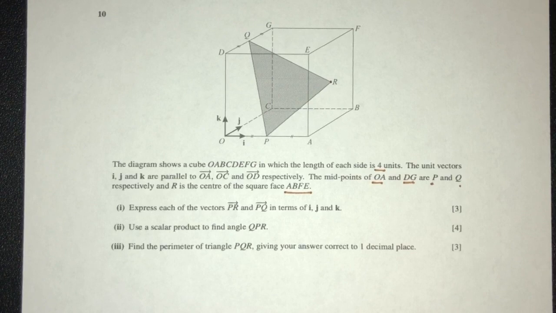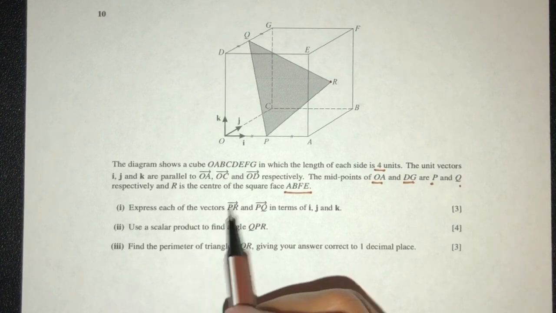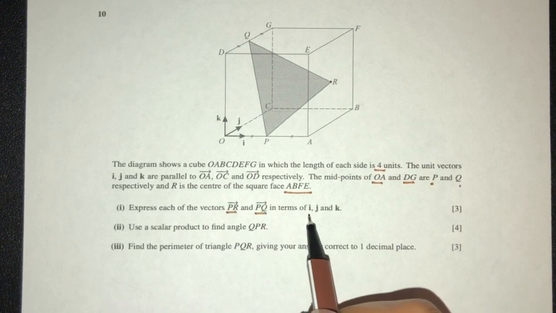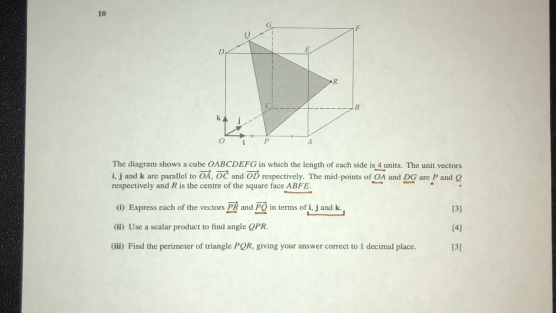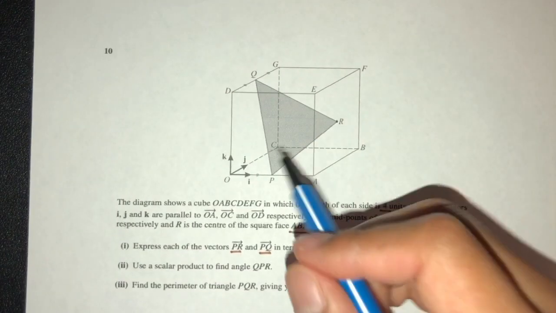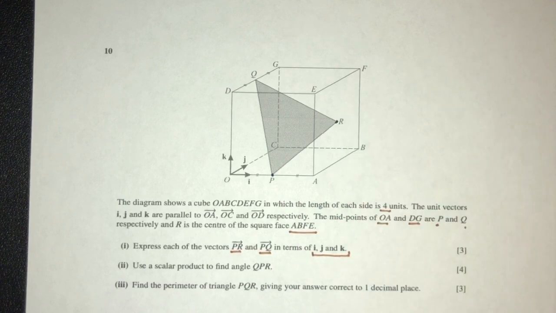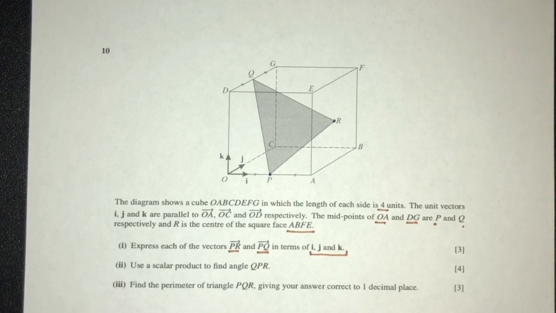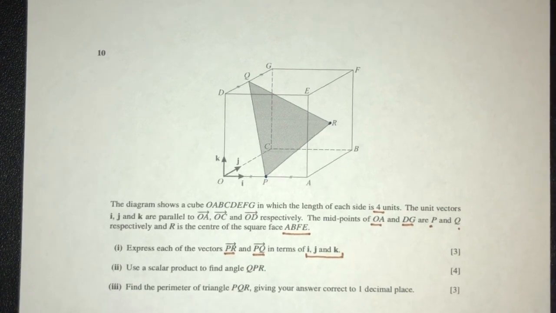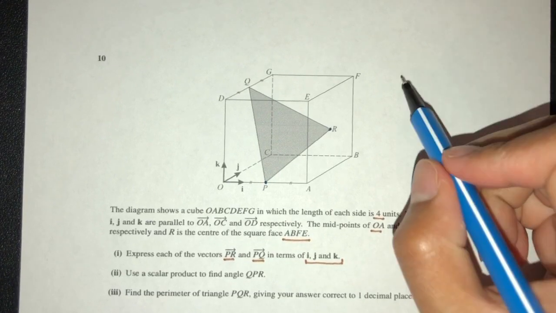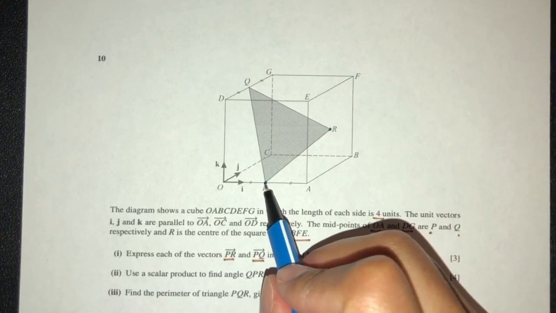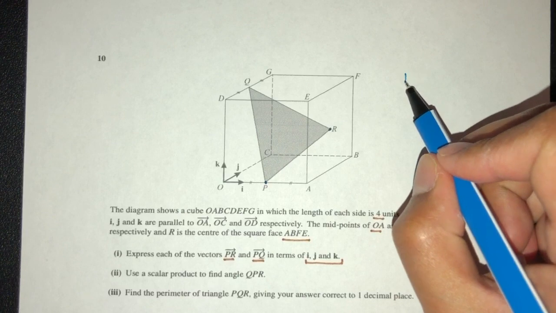So part 1, express each of the vectors PR and PQ in terms of I, J, and K. So first, where is PR? PR is this, going to R. In this case, we do have to use the diagram to assess how we can find the value of PR. So step by step, if I begin from P, I can first move to A, PA.